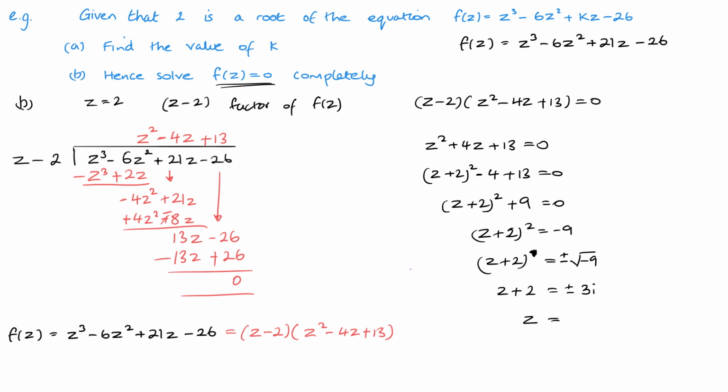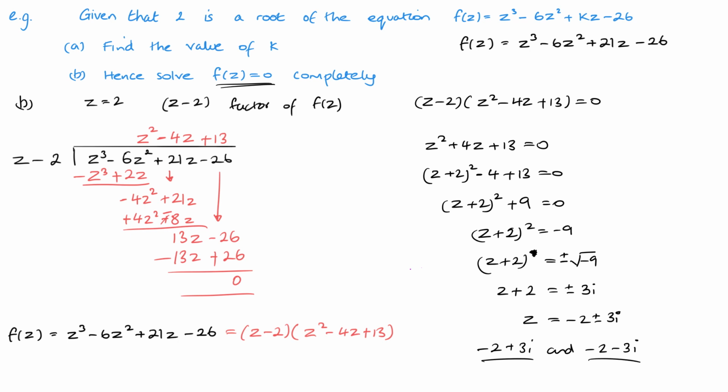So there we have it. z is minus 2 plus or minus 3i. And that's our complex conjugate pair there. Or the other solutions would be minus 2 plus 3i and minus 2 minus 3i.